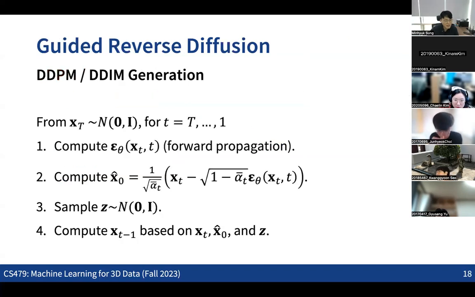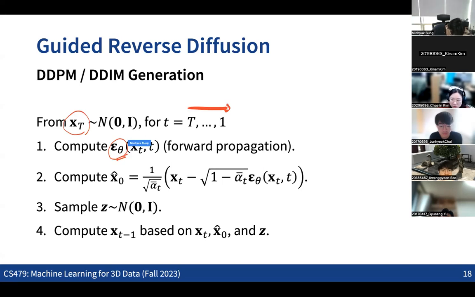And also, one quick idea, which is about guiding the reverse process, is something that we can try in the reverse process. This is the typical generation process, both in DDPM and DDIM, the reverse process. Starting from x_T, capital T, we go in the reverse way, from the time step, in a way that we first predict the noise, epsilon_t.